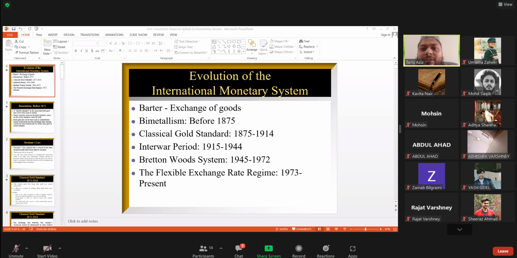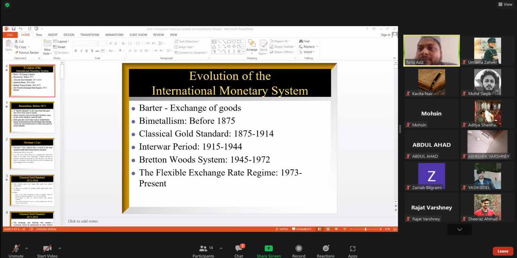Those who were dealing in international trade, those who were exporting something out of a country, say for example in India also, in the Mughal period or even before the Mughal period, paper currency was not there. The coins were, the gold coins and silver coins.